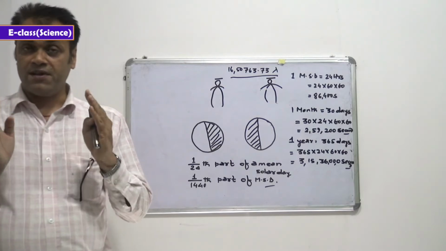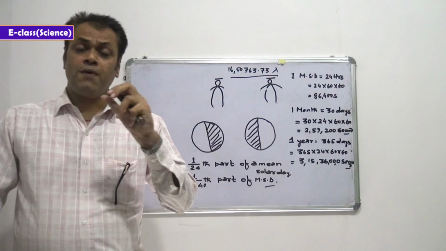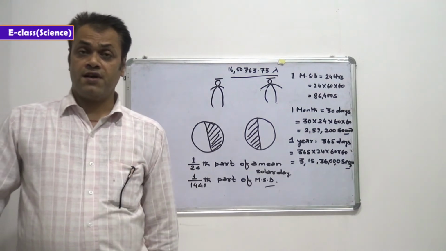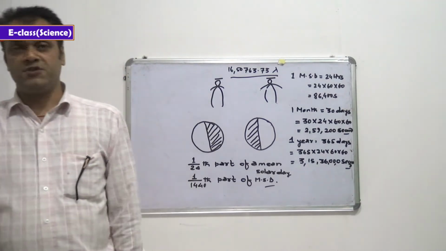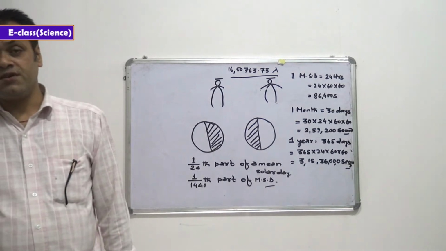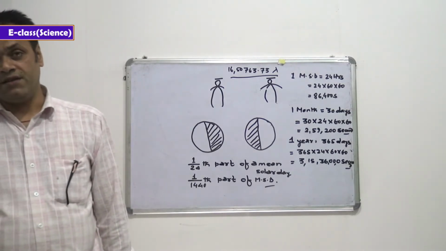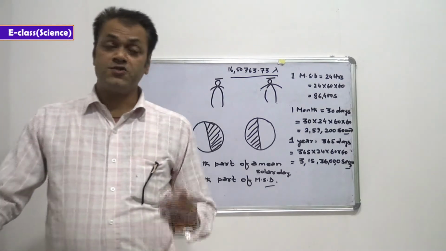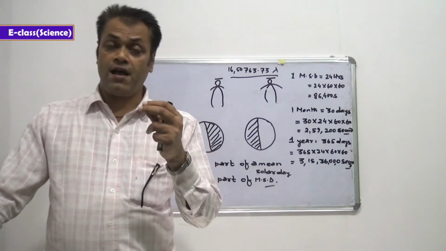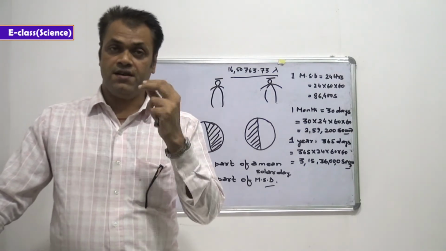It is defined as the mass of the platinum iridium cylinder which has been kept in the International Bureau of Weights and Measures in Paris, that we call 1 standard kg. In practice, the mass of 1 liter of water at 4 degrees Celsius we also call 1 kg.